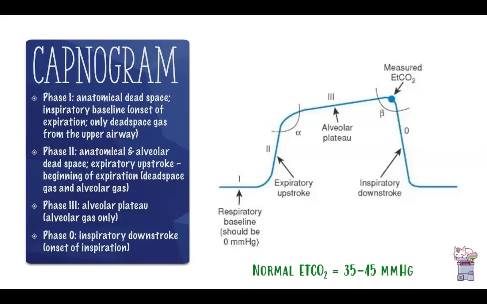This beginning of expiration has an increase in that end-tidal concentration as more alveolar gas is expired. Phase 3 is the alveolar plateau containing only alveolar gas. At the end of phase 3 is where end-tidal CO2 is measured. At the end of phase 3 starts phase 0, where the inspiratory downstroke occurs. This is returning your capnograph waveform back to baseline, which should again be 0 millimeters of mercury.